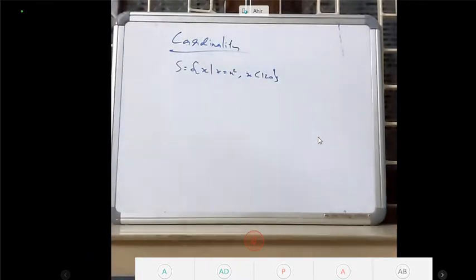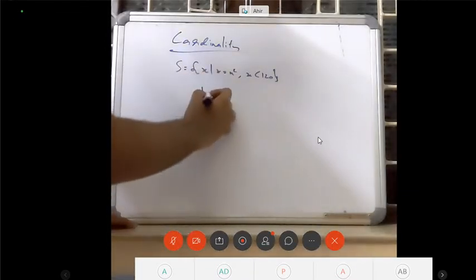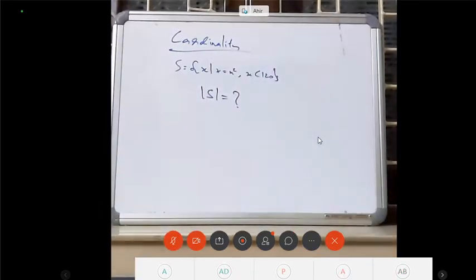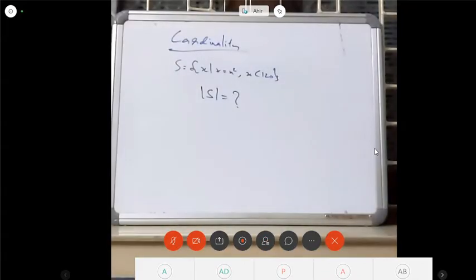So S is a set such that x is a perfect square and x is less than 120. So what is the cardinality of this set? Anyone? What did you say? X is a perfect square and x is less than 12, right? Less than 120.